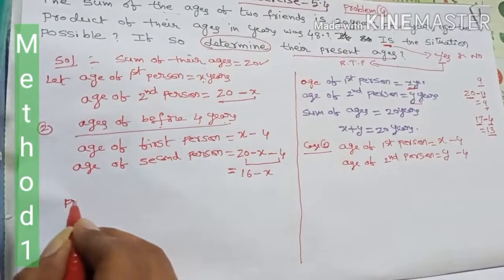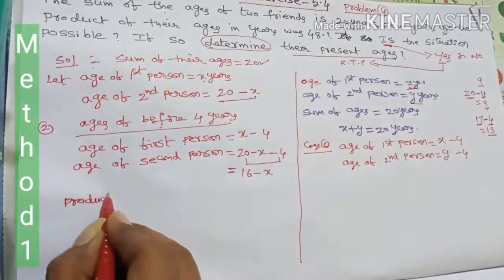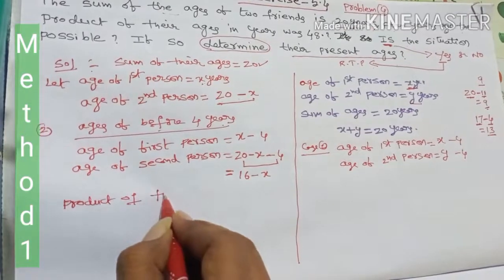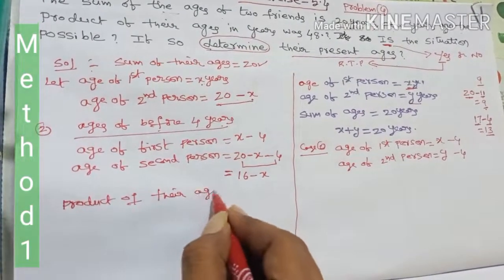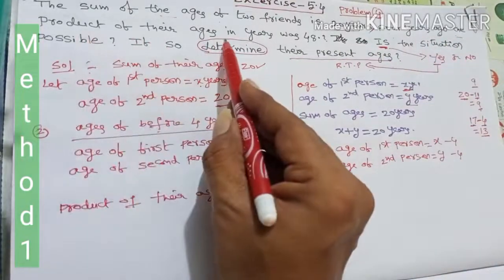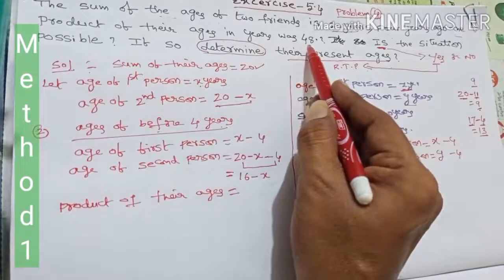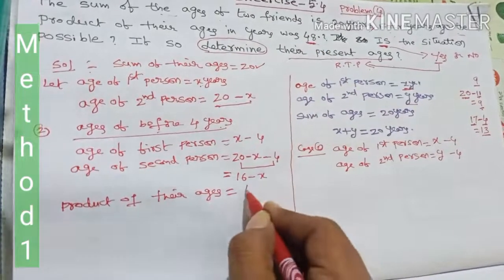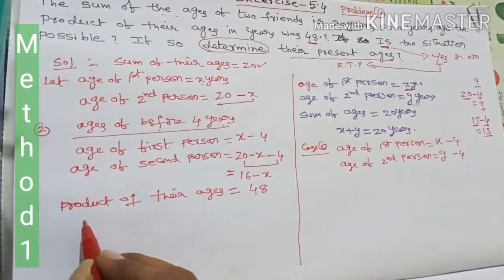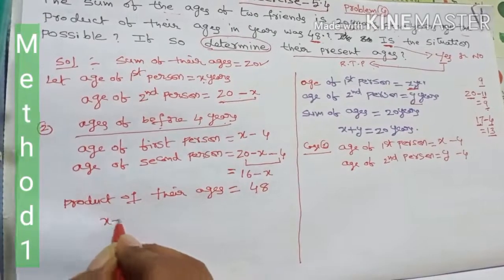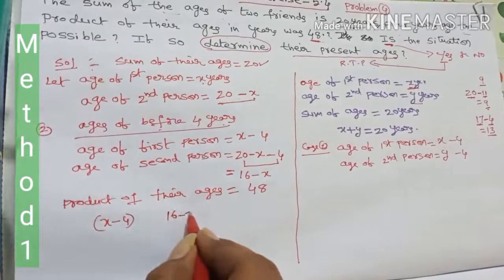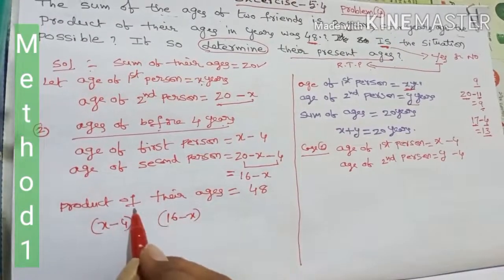Product of their ages is how much according to the problem? 4 years ago the product of their ages in years was 48. Therefore their product will be 48. According to our assumption, the first person's age is x minus 4 and the second person's age is 16 minus x. Then finding the product, what do you have to do?